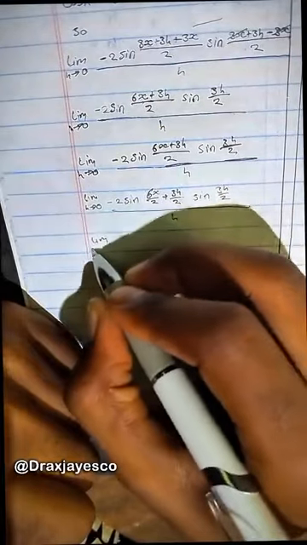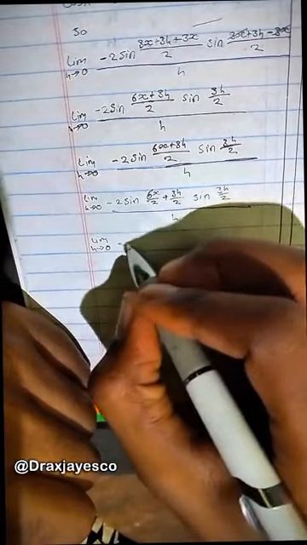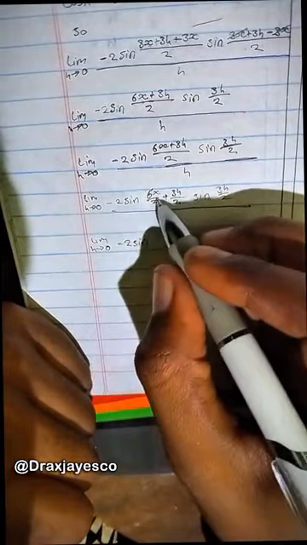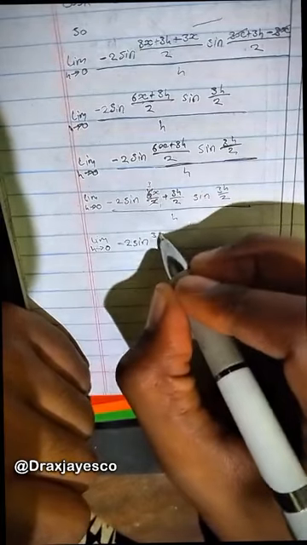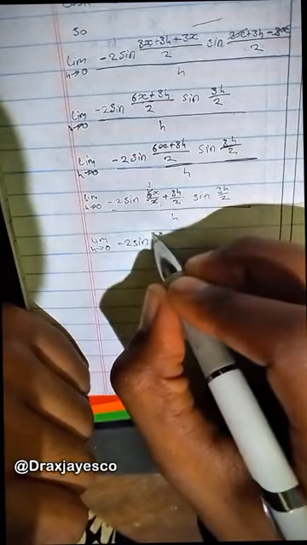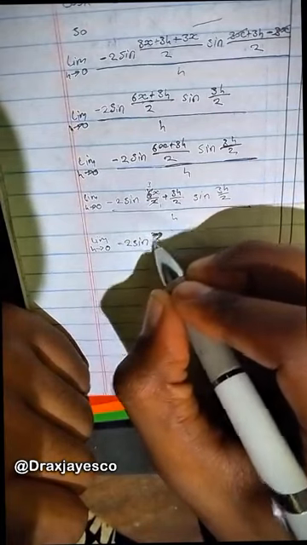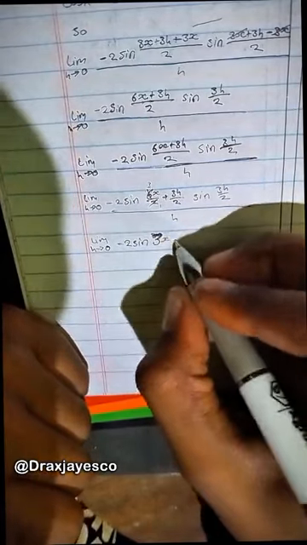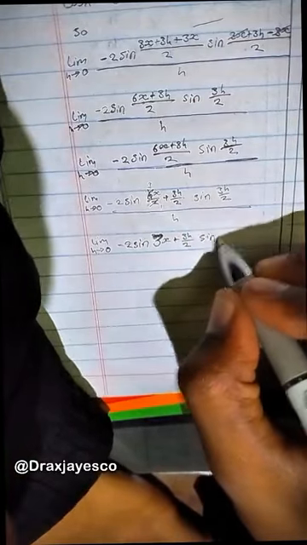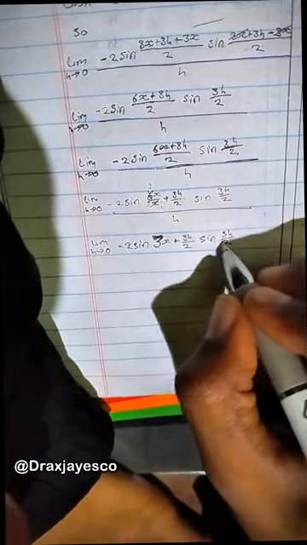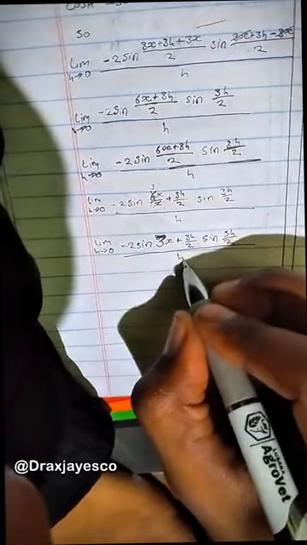So we're going to have limit as h approaches 0, negative 2 sine, this is 6 over 2 which is 3, so we have (3x + 3h/2) sine of 3h over 2, over h.